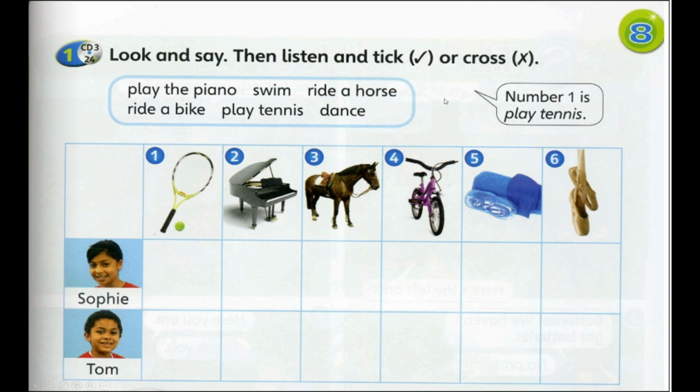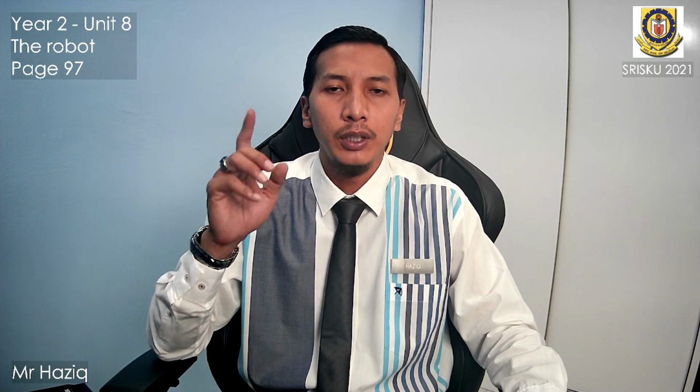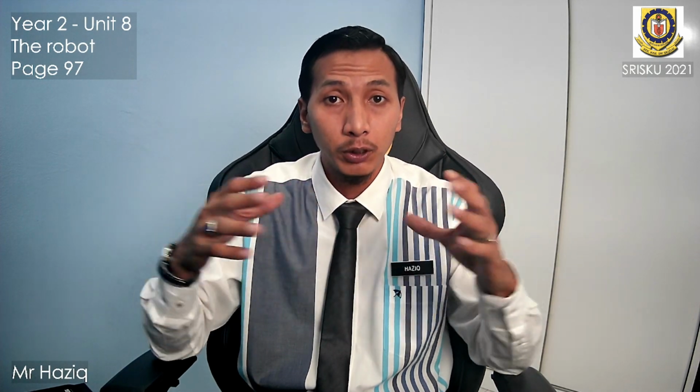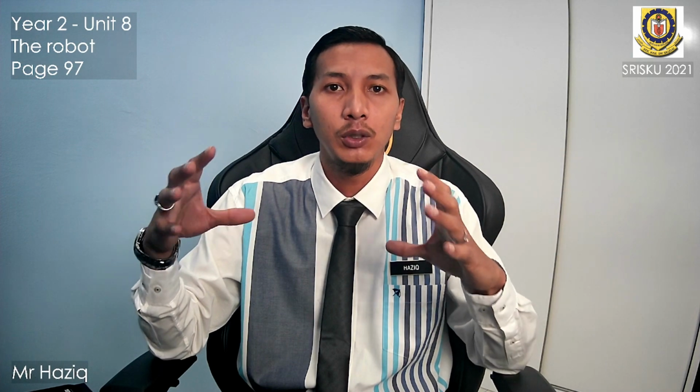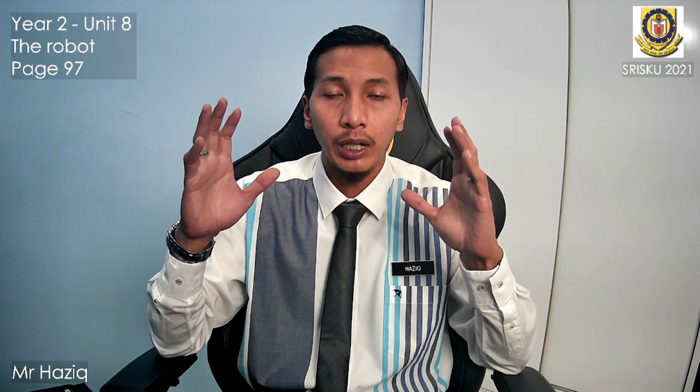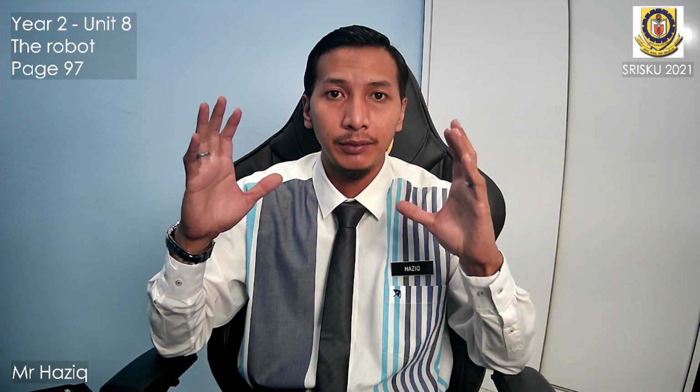So everyone, now you are going to listen to the audio file. Get ready. Before you listen to the audio, you might want to find a notebook or a piece of paper and make a draft for the box that we have seen just now in activity 1.